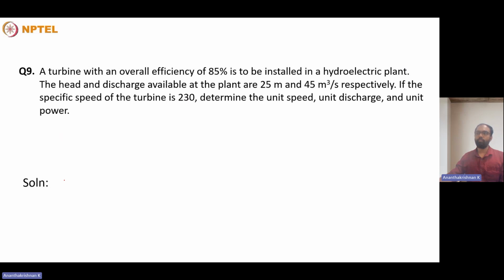In this particular problem, we need to calculate the value of the RPM for the speed and the value of the power. If we know both these quantities, we can determine the value of the unit quantities. Before that, we need to know how to derive the formula of these unit quantities.